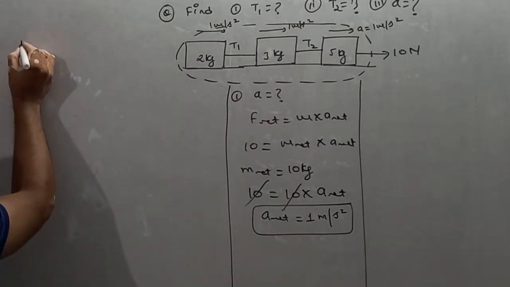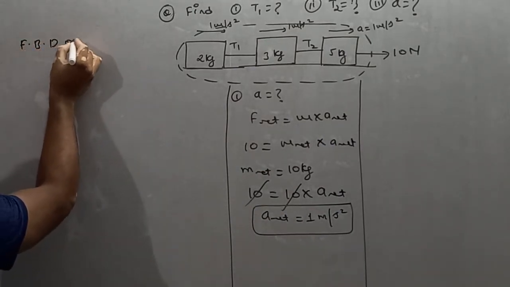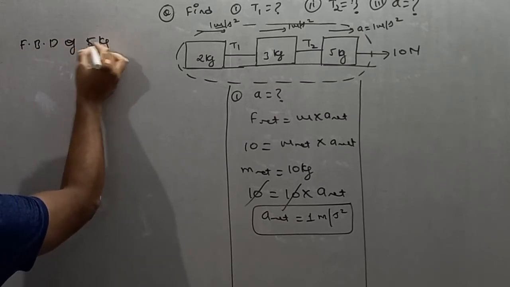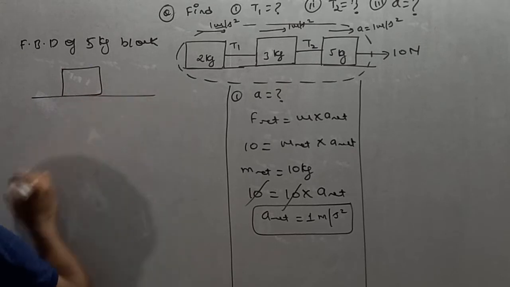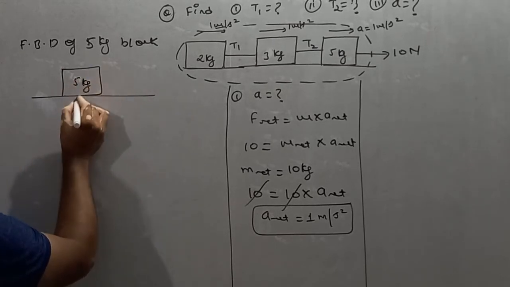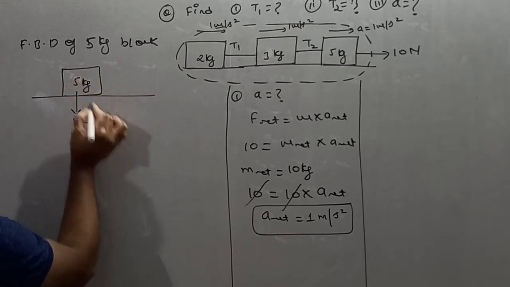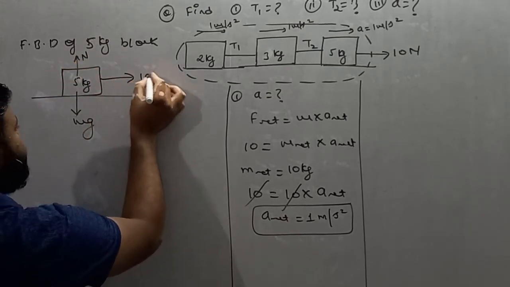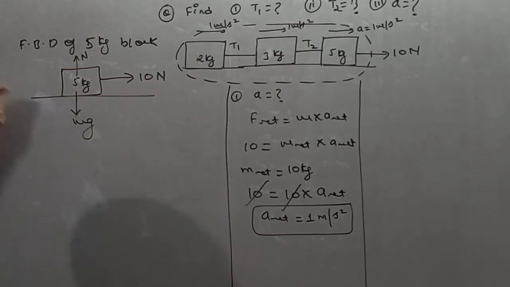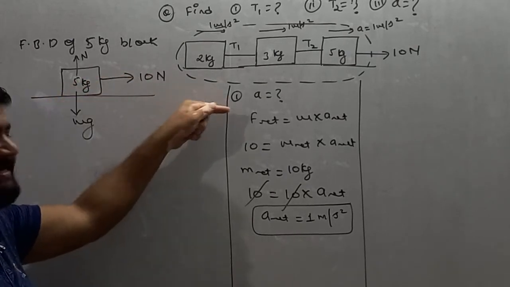So I'll write here FBD of 5 kg block. So see my dear student, this is our 5 kg block. Vertically downward it is mg, upside it is normal, and a force is acting on this 5 kg block in this direction.